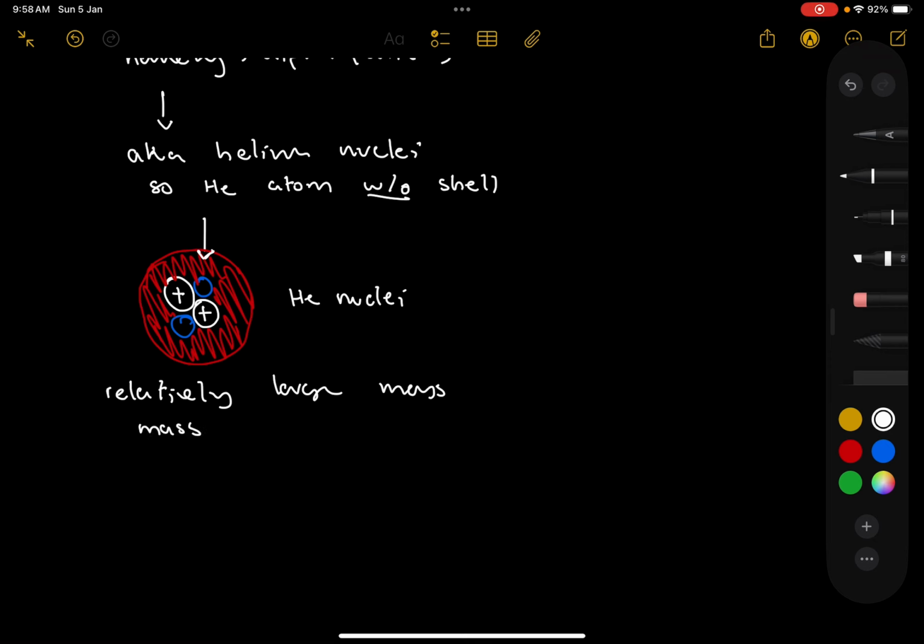Mass number is 4. And they're also charged because of the 2 protons that they carry. The relative charge of an alpha particle is +2. Not relative mass, sorry. That would be relative charge.